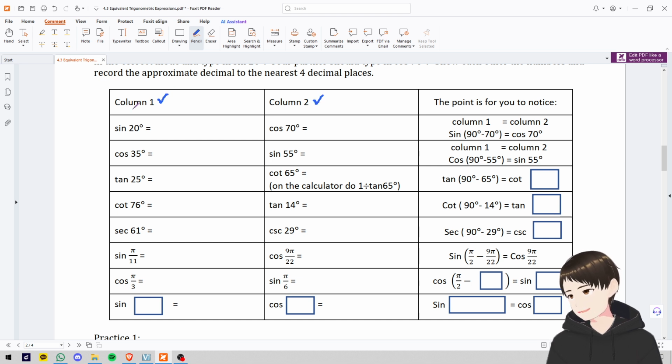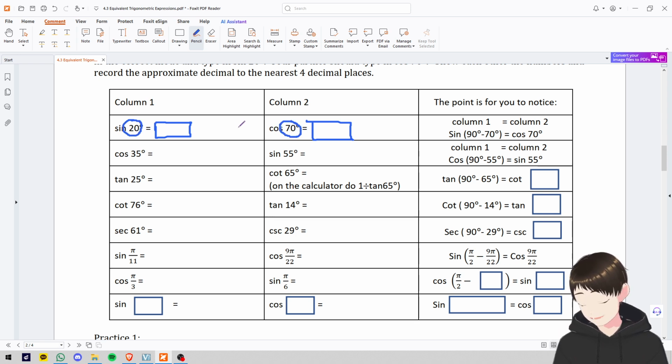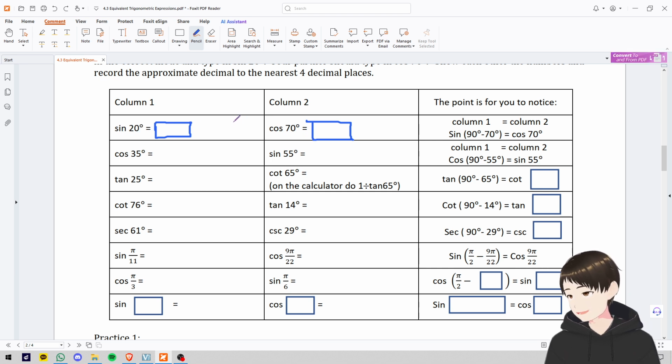One partner takes column 1, the other partner takes column 2. If you're in a group of 3, at least one person takes column 1, the other person takes column 2. I'd like you to take your calculator, set it to degrees, and solve. One partner gets this answer, the other partner gets this answer, and notice 20, 70, they are a sum of 90. You should get the same answer.